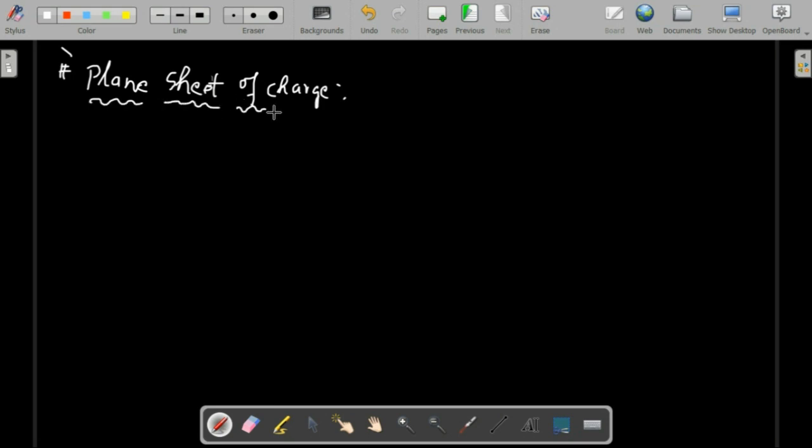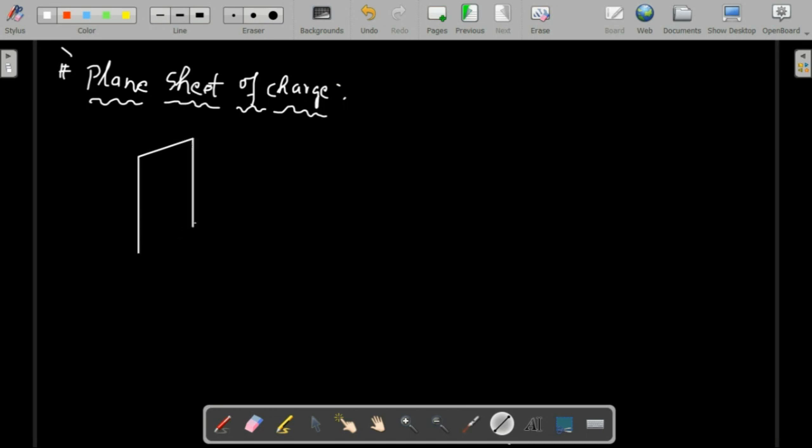But it simply says that we are talking about a two-dimensional picture here. So when we're saying it's a plane sheet of charge, we can just take up a sheet. Let's say this is your plane sheet, and let's say the charge is distributed. It's not mandatory that it should be a positive charge every time. It can be a negative charge as well, but we can consider it having only positive charges.